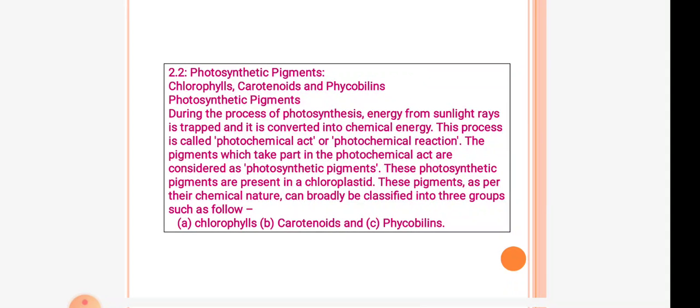This process is called photochemical act or photochemical reaction. The pigments which take part in the photochemical act are considered as photosynthetic pigments. These photosynthetic pigments are present in the chloroplastid. These pigments are classified into three groups: chlorophylls, carotenoids and phycobilins.